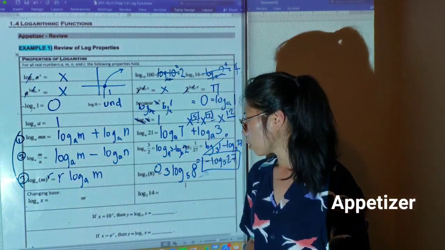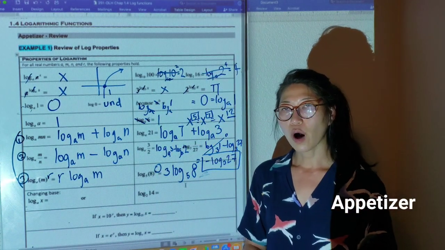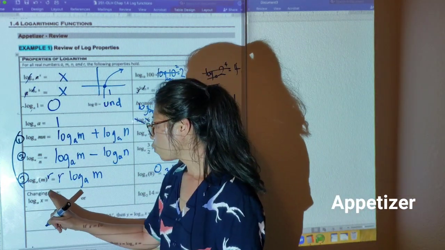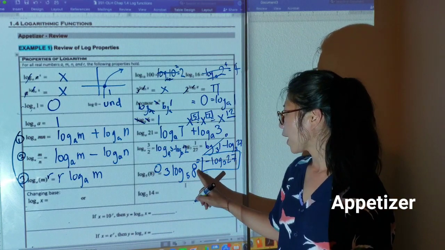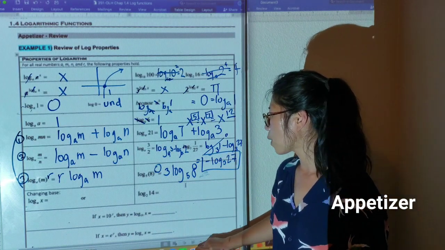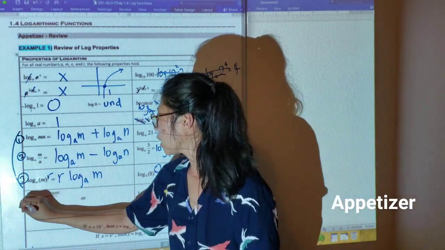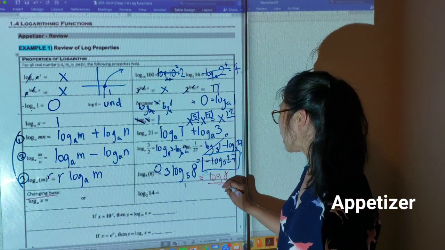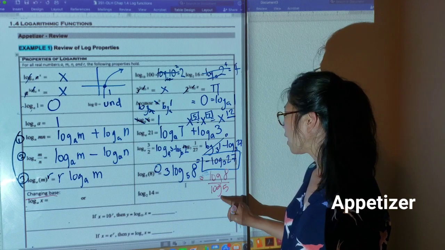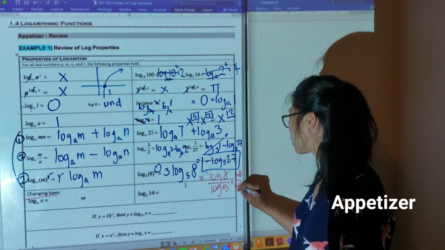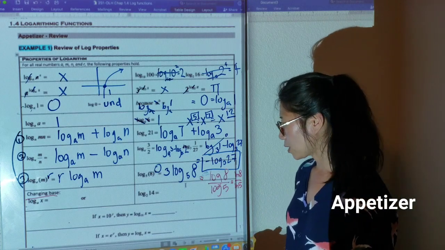However, your calculator only has log base 10 and natural log as a base. So if you want log base 5 of 8, it's not going to be possible to enter it into our calculator. So we have to use the change of base formula: log 8 over log 5, which has base 10, or you can write natural log 8 over natural log 5, which will give you the same answer.